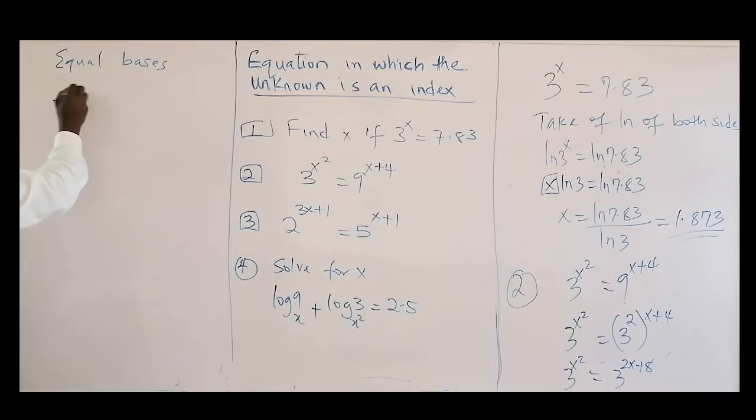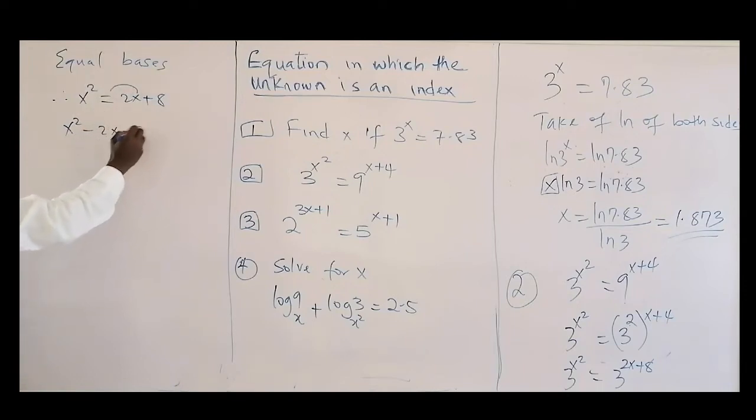So we're going to have x squared equal to what? 2x plus 8. Okay? Then this one move it to the other side: x squared minus 2x minus 8 equal to 0. Then factorize the expression. 1 here, 1 here. Factors of 8 are 4 and 2. So how do you use 4 and 2 to get minus 2?